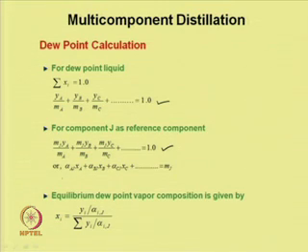So, we can write alpha a j x a plus alpha b j x b plus alpha c j x c and so on would be m j, and the equilibrium dew point liquid compositions can be written as x i is equal to y i divided by alpha i j, divided by summation over y i by alpha i j.